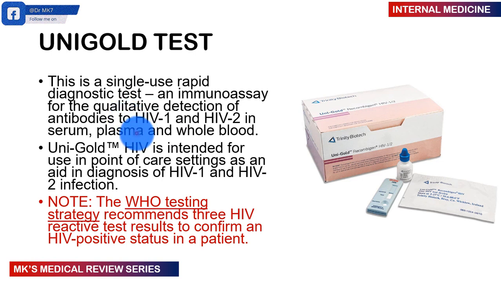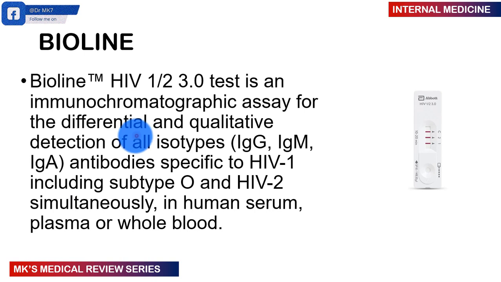And actually, the WHO recommends that you use at least 3 reactive tests to confirm that a patient has HIV. That's why I had those 3 tests on the previous 2 slides. Then you have our BioLine, which is an immunochromatographic assay.